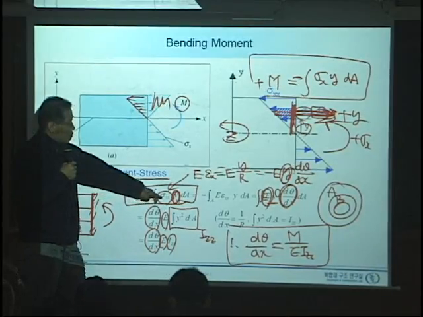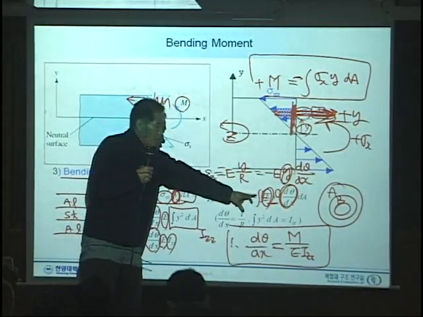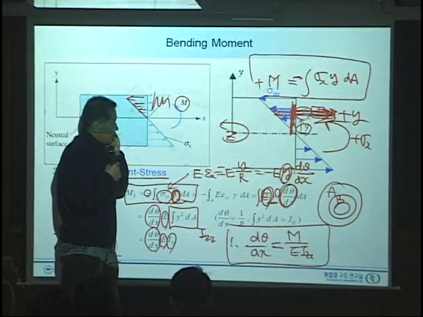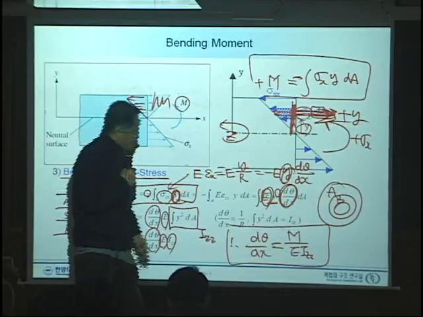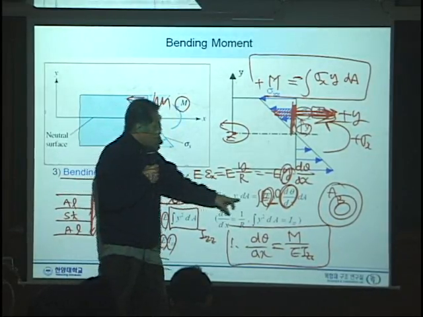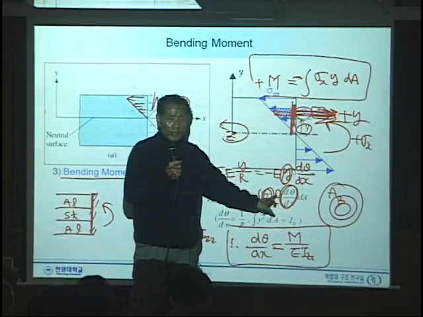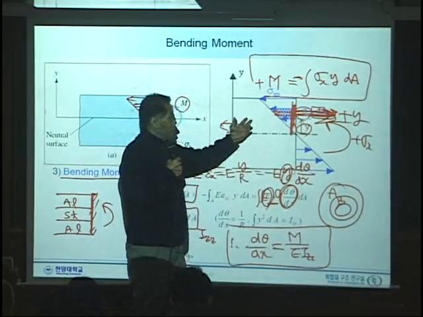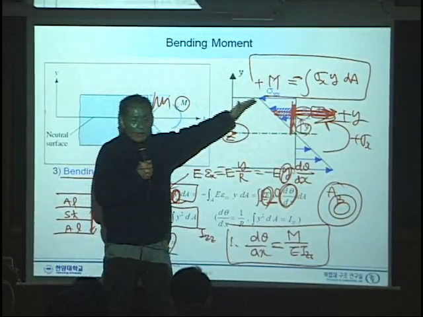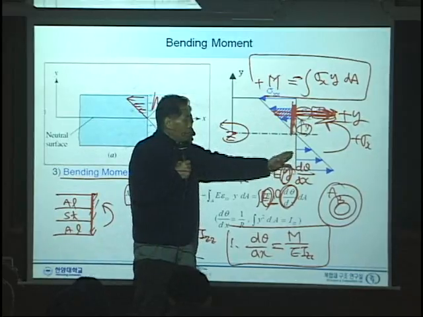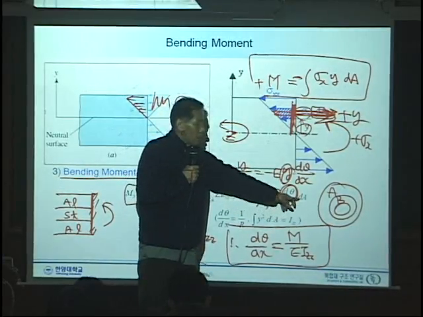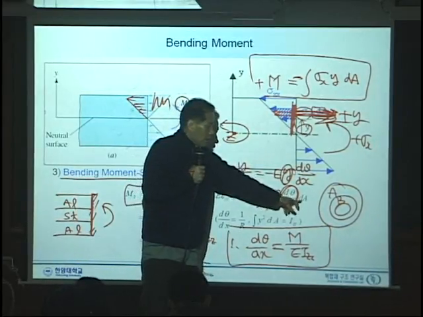Sigma xx, we already have this relation and put it here. And here you need to be careful, because in the integration you have the material property and d theta dx. This material property, in this case, means the material property is constant through the thickness, and d theta dx is not a function of the cross-sectional area.